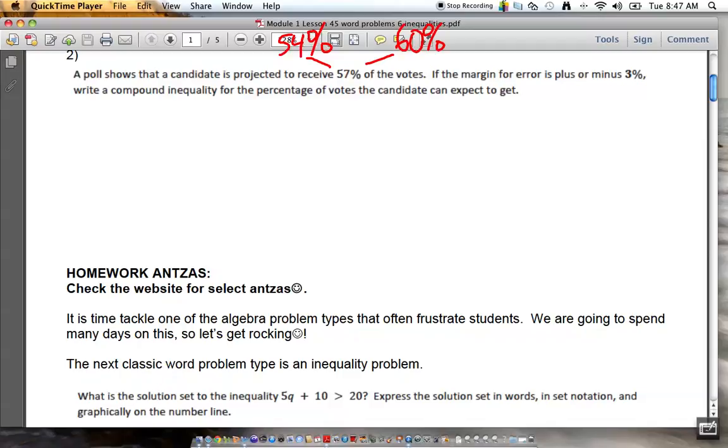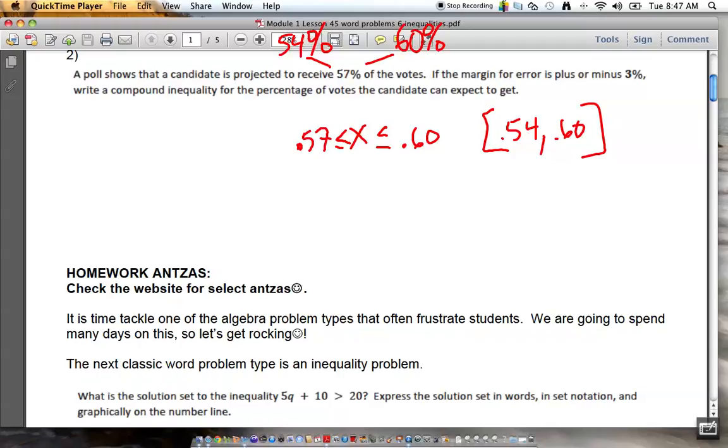Now, this says that they could receive anywhere from 54 to 60% of the votes. So the amount of votes you actually receive, x, is going to be between 0.57 and 0.60. And that would be a compound inequality. In other words, two inequalities at the same time. Kind of like the intervals we spoke of earlier in the year.